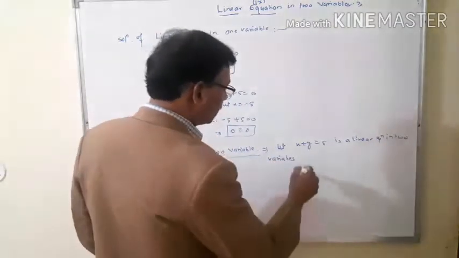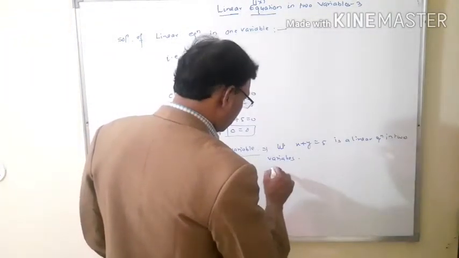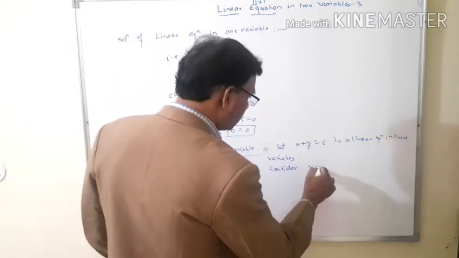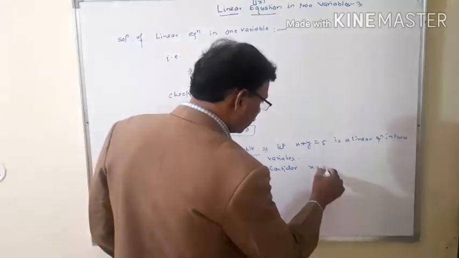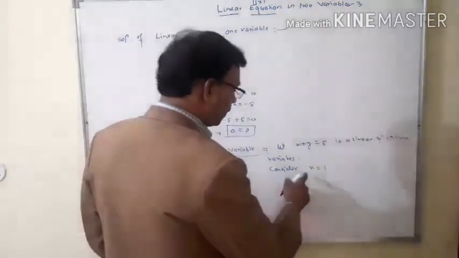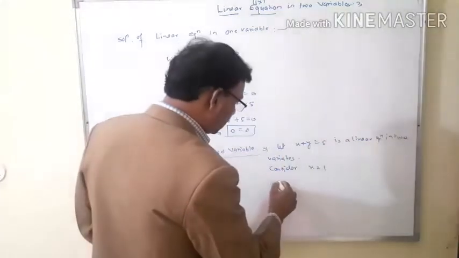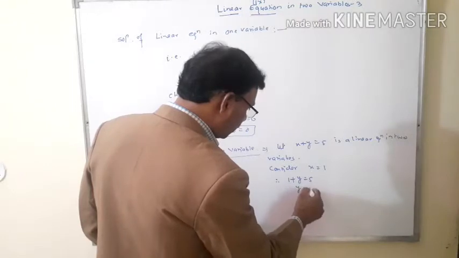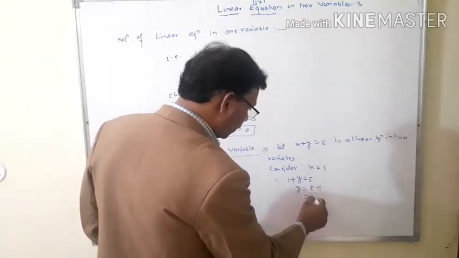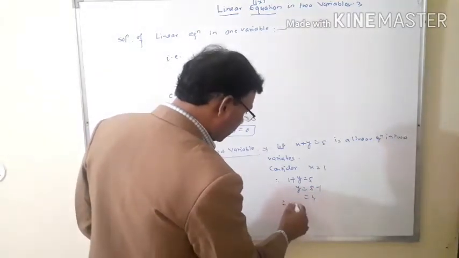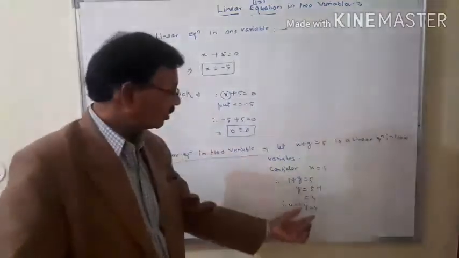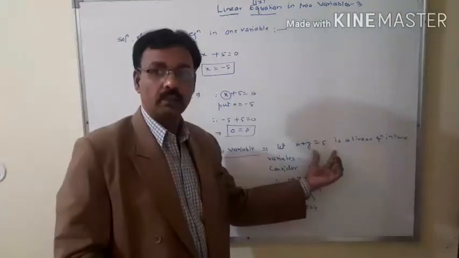Consider x equal to 1. Therefore, 1 plus y equal to 5, or y equal to 5 minus 1 equal to 4. Therefore, x equal to 1 and y equal to 4. These numbers will be a solution of this linear equation in two variables.